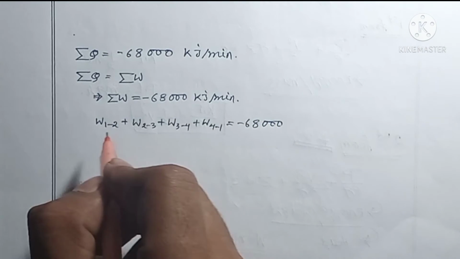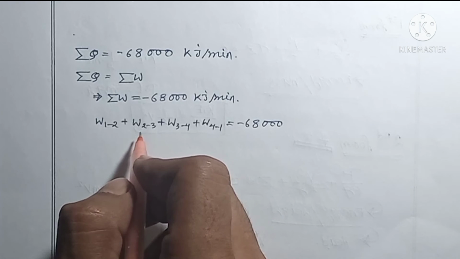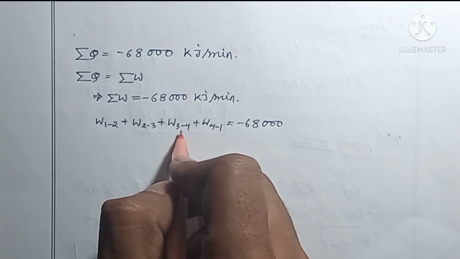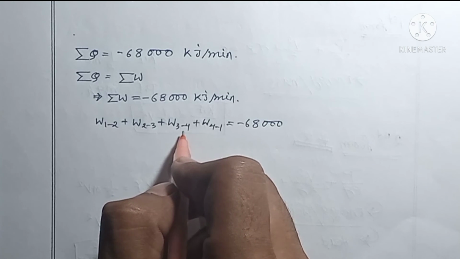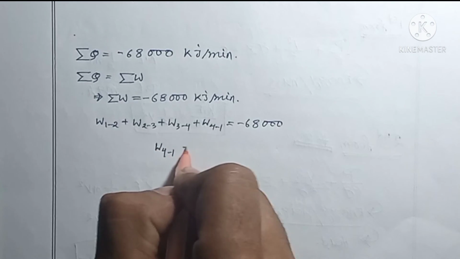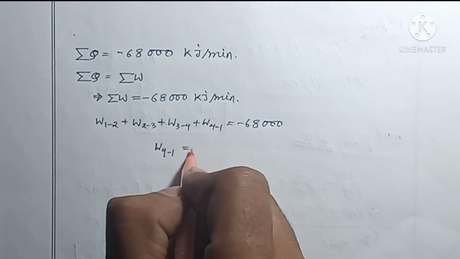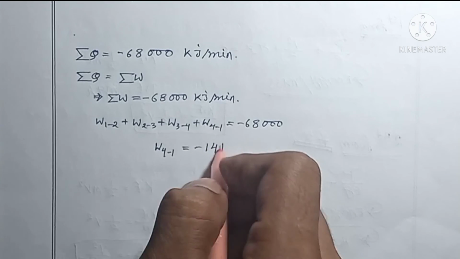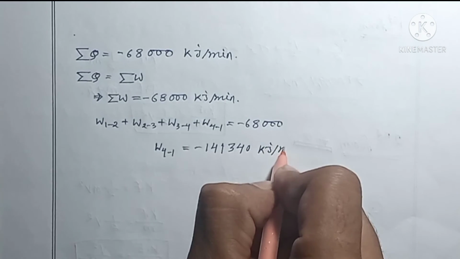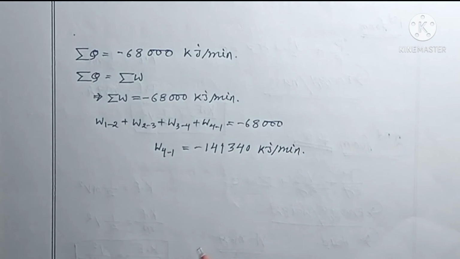So if you put all the values of W12, which is nothing but 4340, similarly W23, which is nothing but 0, and W34, which we found out as 69000, then you will get W41 as minus 141,340 kilojoule per minute.